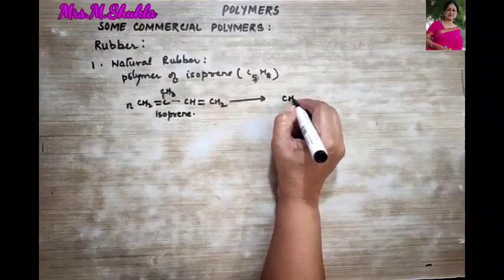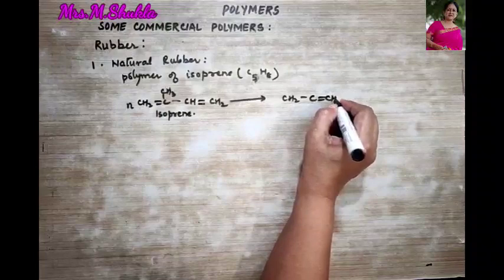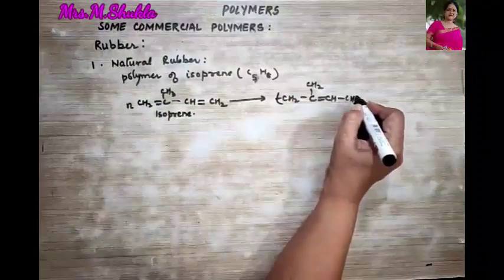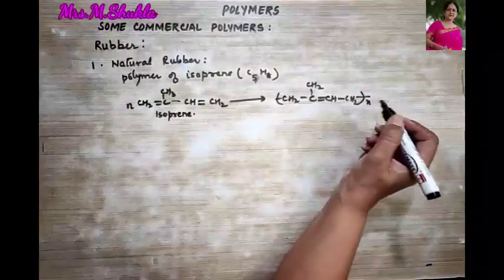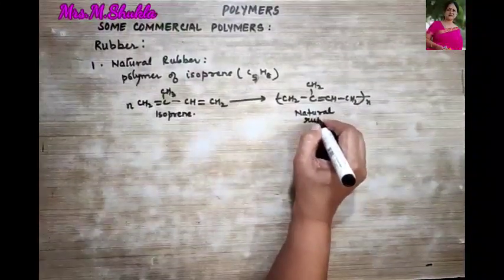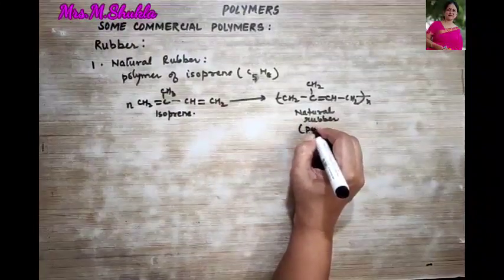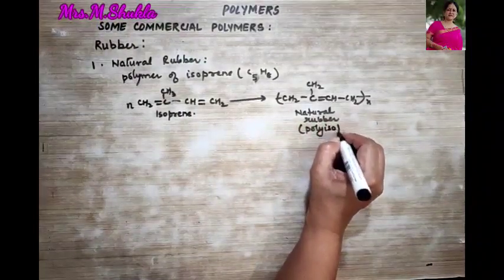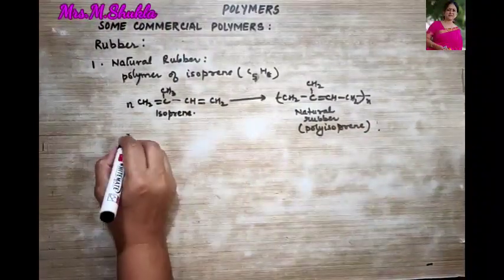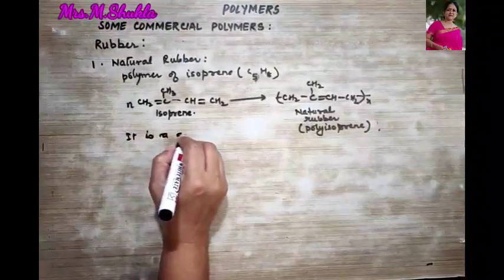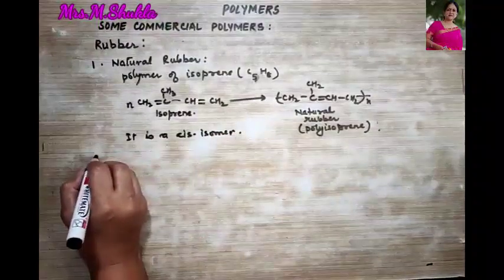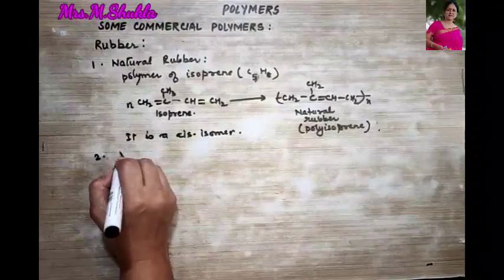So the formula for it, CH2, C double bond, CH, CH2, CH2, N times. This is your natural rubber, or what we also call it as polyisoprene. Clear? It is a cis isomer.